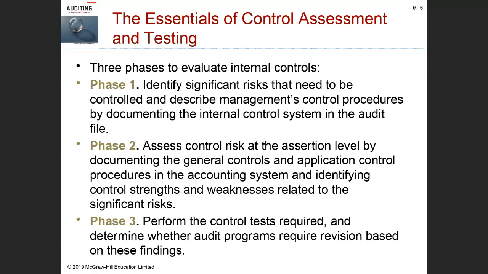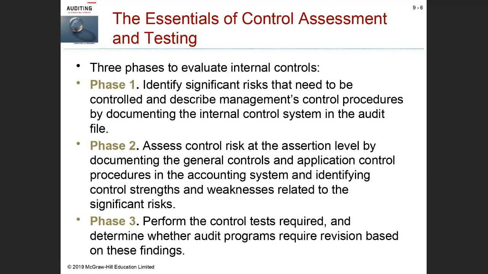So for those assertions, existence, completeness, valuation, what's the control risk as it relates to each of them? And then we want to identify the controls that management has to ensure that those assertions are not incorrect or invalid.